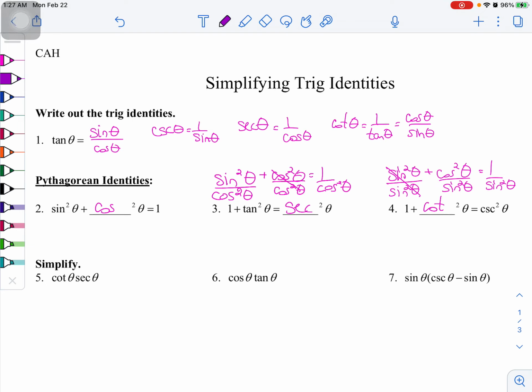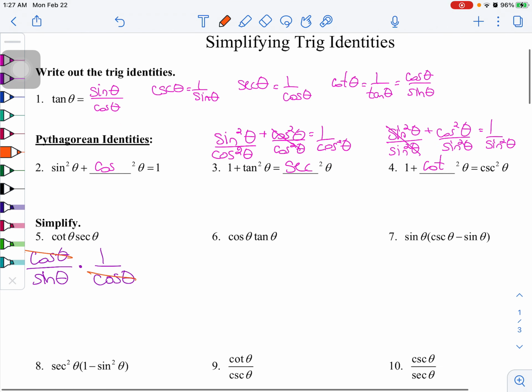Now, the actual simplification: basically you want to start with converting everything to sines and cosines if you can. So I've got two pieces here. I've got cotangent theta and secant theta. Cotangent theta is going to be cosine theta over sine theta, times secant theta, which is 1 over cosine theta.